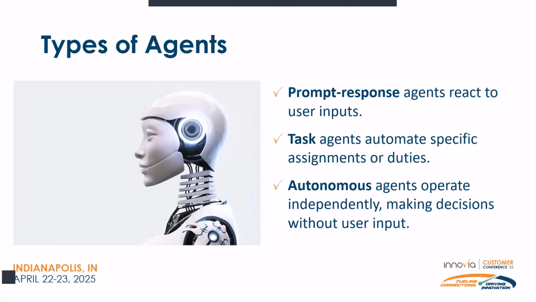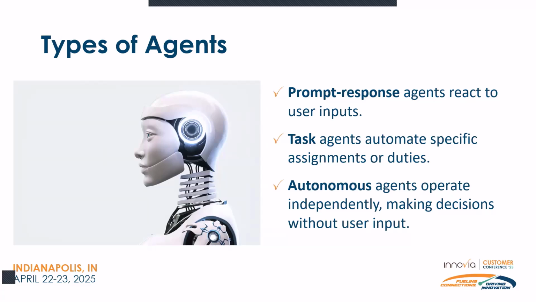But as you take that one step down, you hit what's called a task agent. A task agent, as the name suggests, is going to do something. It's going to automate a specific task or duty that you give it. And then finally, there's this idea of autonomous agents. It's letting that agent do something on its own, not totally rogue, just whenever it wants, but within the confines of how you define it.